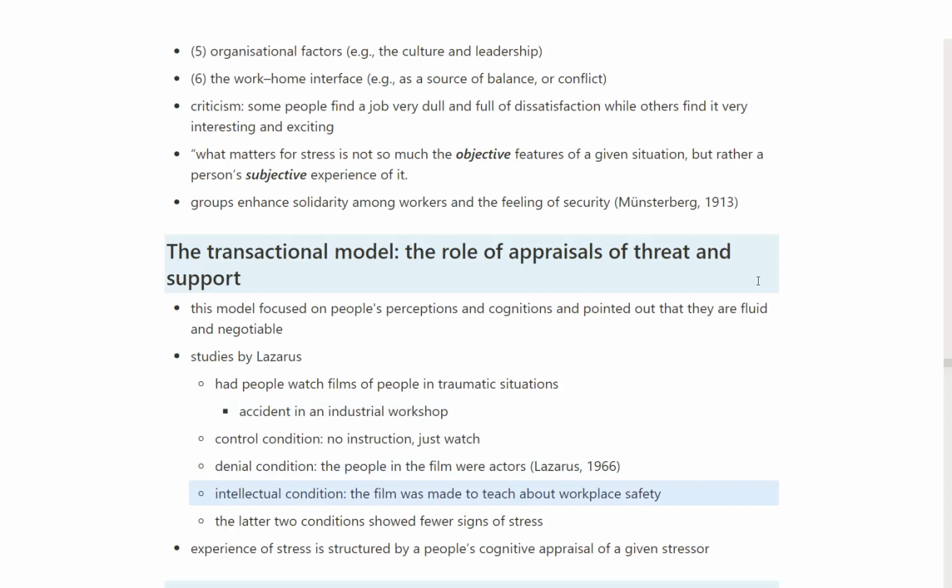So again, in this condition, participants were told that the film is not actual footage of what happened in the industrial workshop, but is for educational purposes, so that people could learn what could happen at the workplace and what they can do to improve workplace safety. And what the researchers observed was that the latter 2 conditions, denial and intellectual conditions, showed fewer signs of stress.